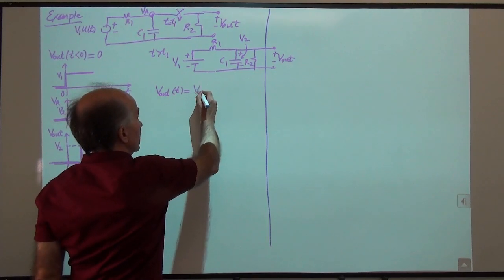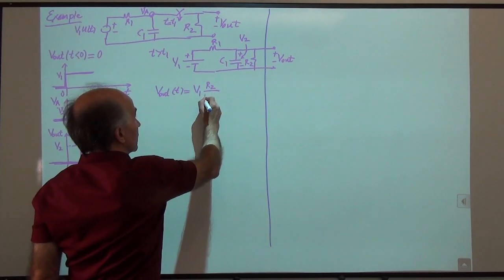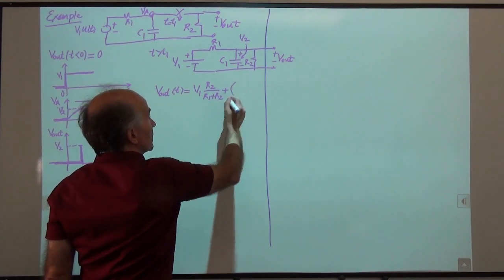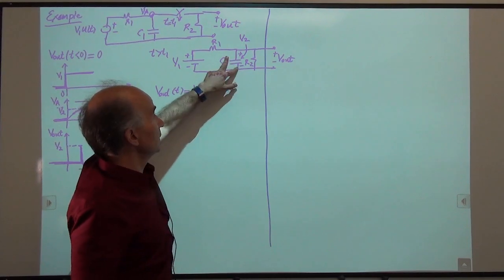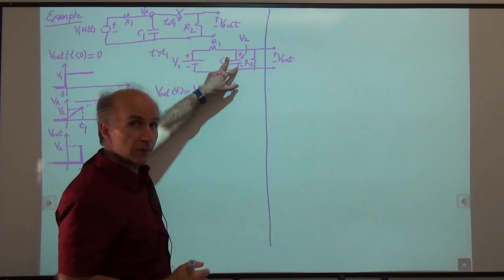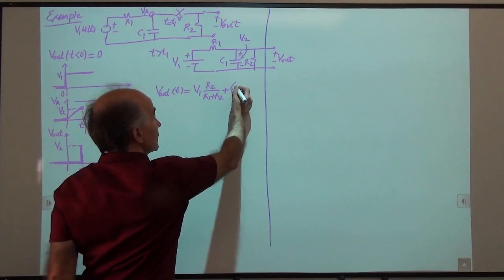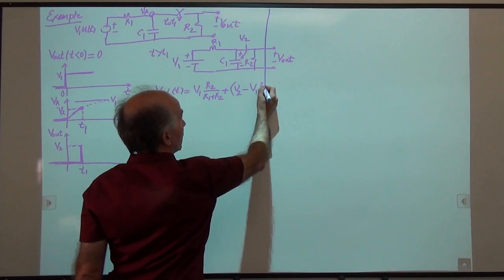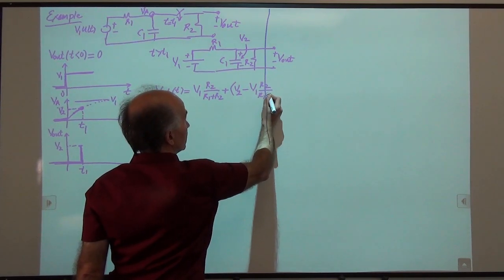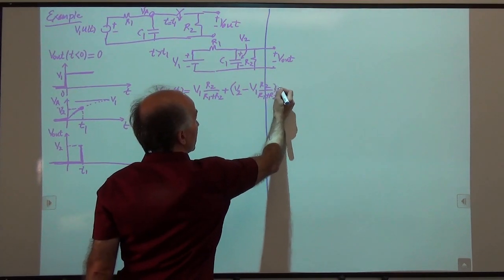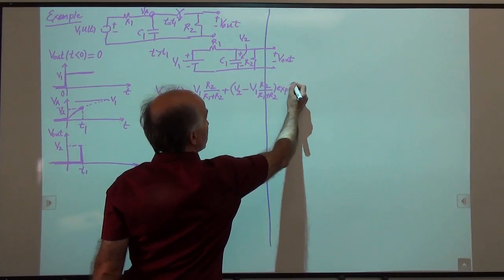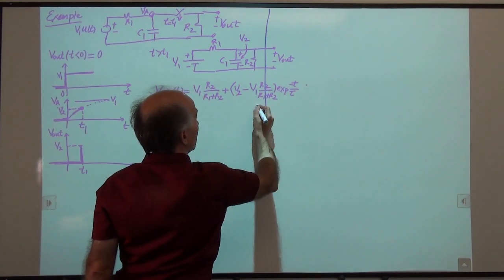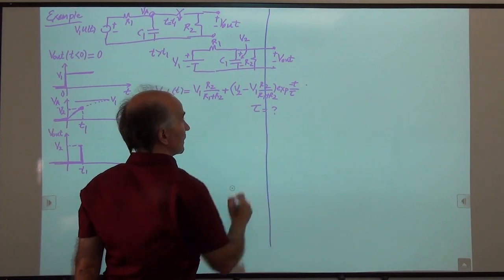So that's V1 R2 over R1 plus R2, and then plus V0, the voltage at time before the transition is made, which is V2 right after the transition is made, minus V1 R2 over R1 plus R2 times e to the power minus t over tau, and tau in this case is something interesting.